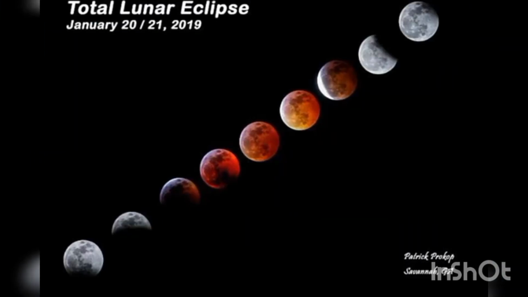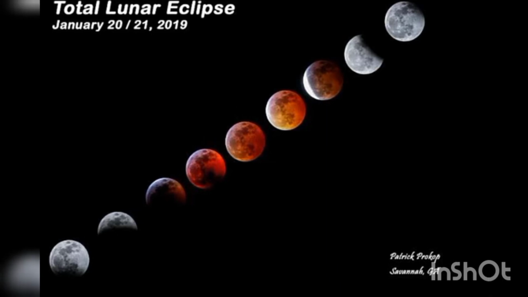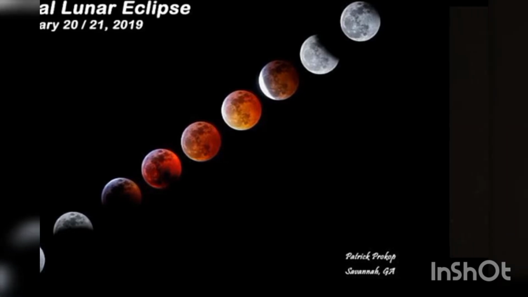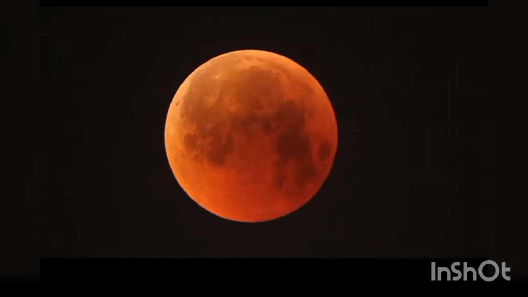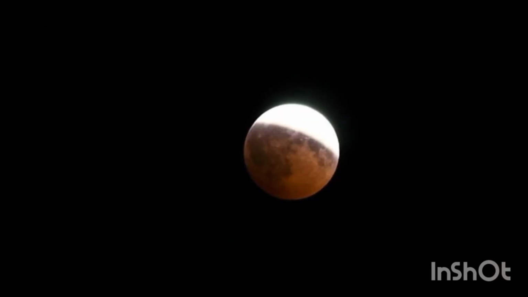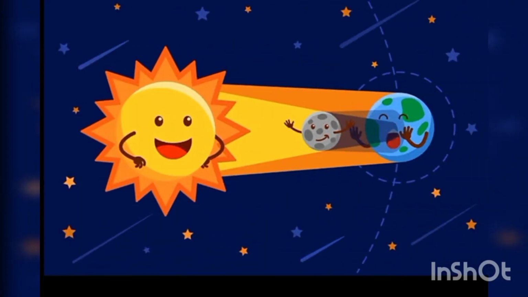The lunar eclipse can be of 2 types, partial lunar eclipse and total lunar eclipse, where the moon cannot be seen at all. Here this is the full or total lunar eclipse. Here this is the partial lunar eclipse. You can see a part of the moon at that time.